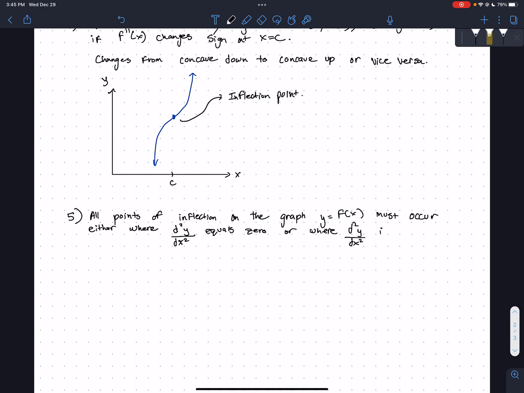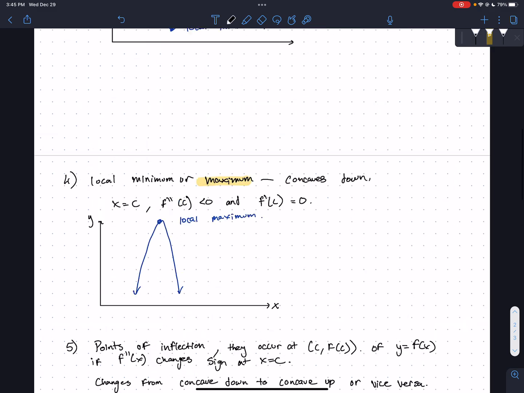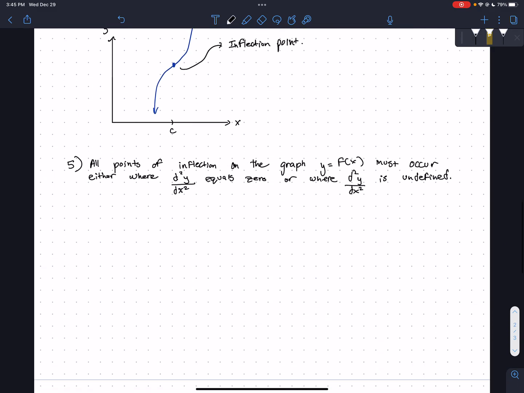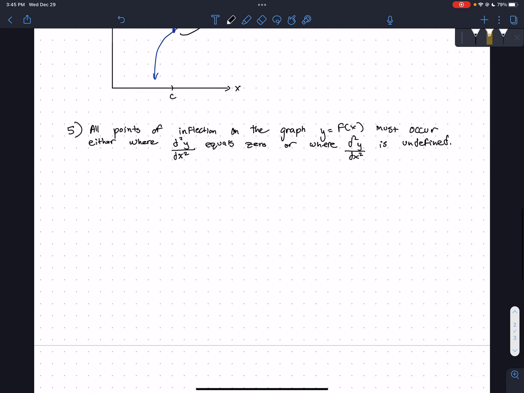I'm just using Leibniz notation. Okay. So these steps are also in your textbook. So there are 5 steps that you need to look for when you're looking at concavity.